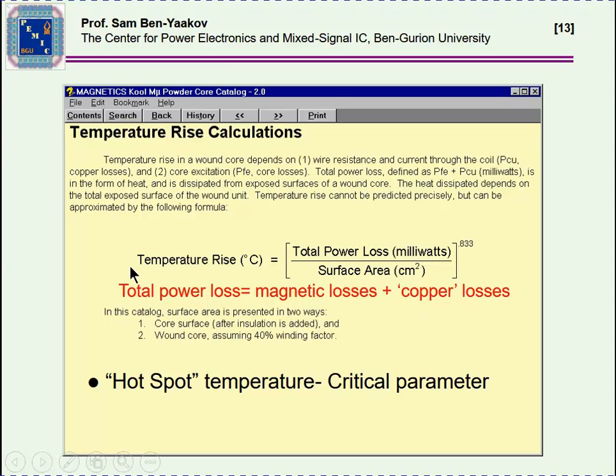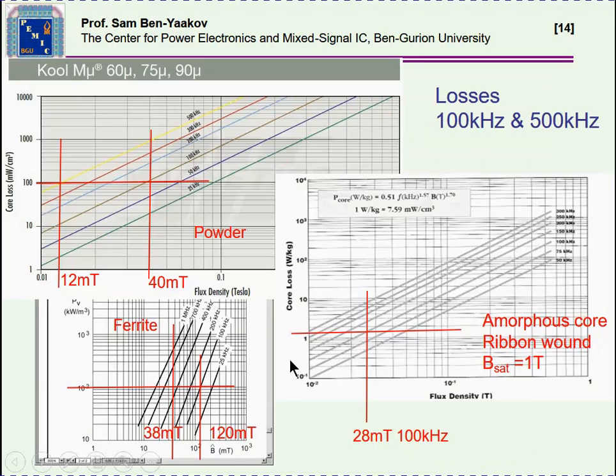And what this equation is telling us is what will be the highest temperature within the core given the total power loss, the surface area of the device, that is the whole area around, and this ratio to the power of 0.833. This is again a curve-fitted, experimental equation that just gives you information about the temperature that you would expect.